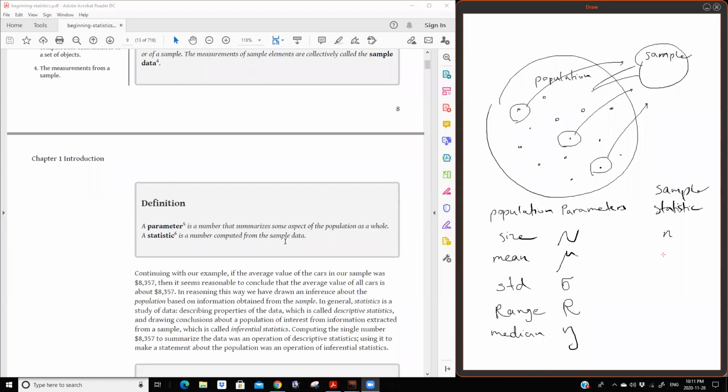Your sample mean, that is, if you add up all the numbers in your sample and you divide by n, that would be X bar. Your sample standard deviation, usually lowercase s is used for that. Your sample range, we can use R for that. And your sample median, and for that usually X tilde is used. So this here is called hat, and this here is called tilde.